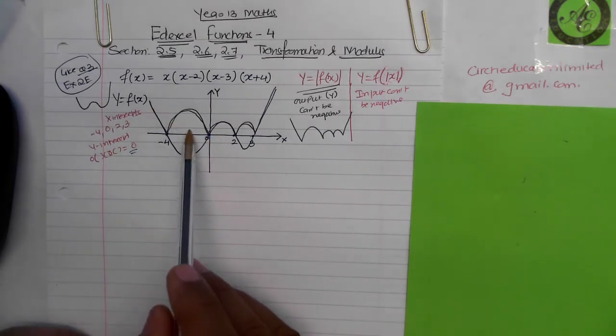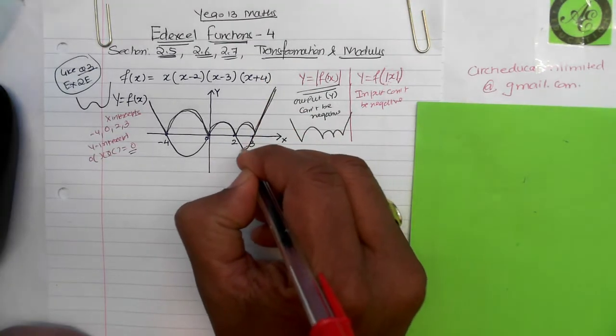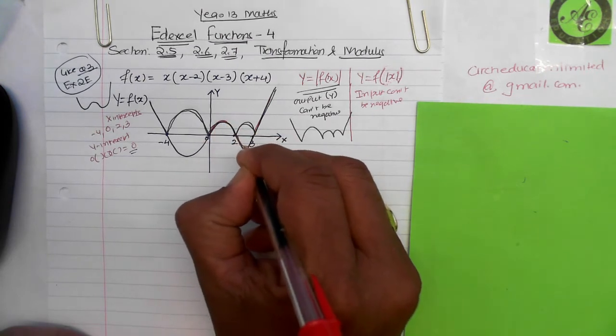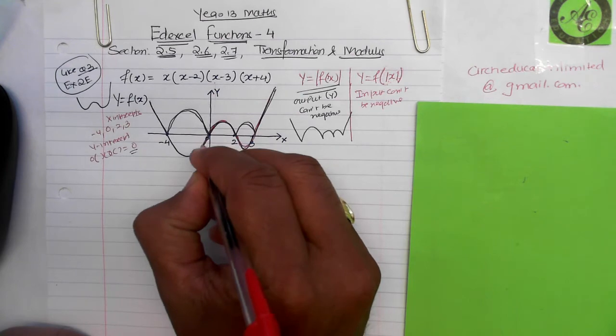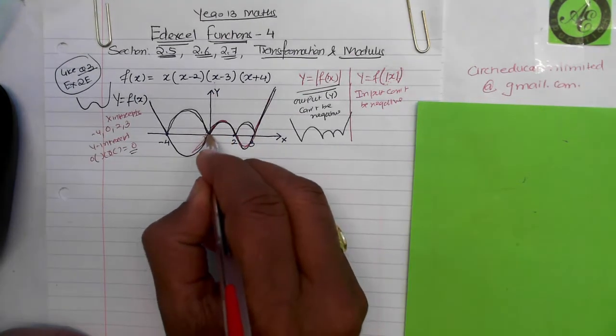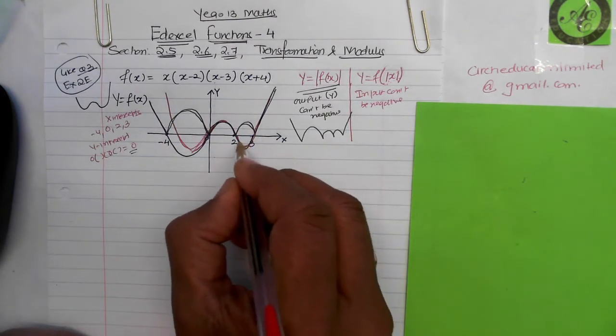So what happens then? This graph will be reflected back into the y-axis. I hope I do it properly. That will be the curve, and this 2 will be here.